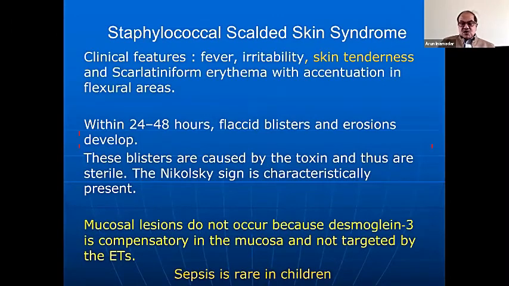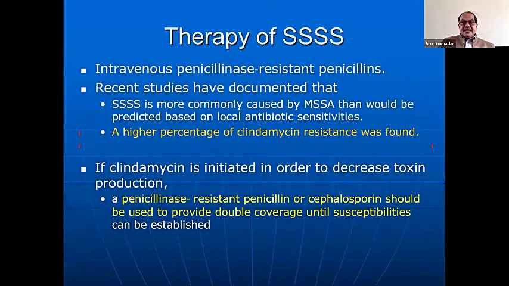Mucosal lesions do not occur because desmoglein 3 is compensatory in the mucosa and not targeted by the exfoliative toxins, and sepsis is rare in children. And you know the treatment also, but to repeat again, if clindamycin is initiated in order to decrease toxin production, a penicillinase resistant penicillin or cephalosporin should be used to provide double coverage until susceptibilities can be established. So this way also we can treat it.